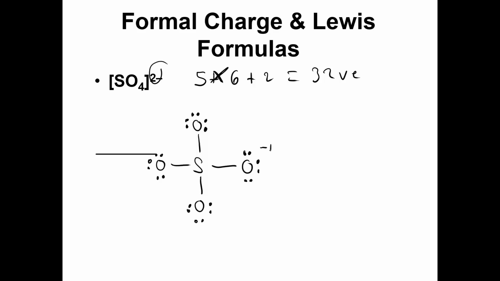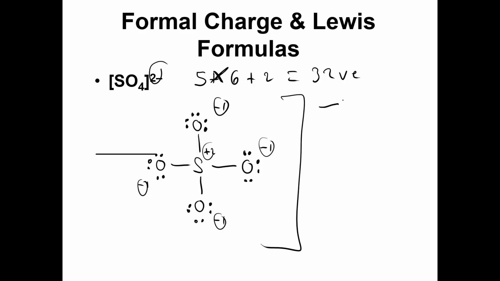However, you have a formal charge of -1, -1, -1, -1, and +2, right? So this adds up. +2, -1, -1 overall has a -2 charge, which is what we expect. So I counted the number of valence electrons correctly. Because sulfur is the central atom, 2 double bonds will be made.